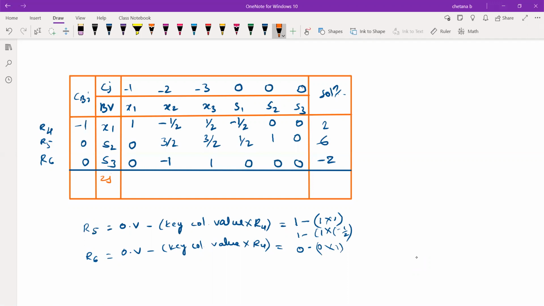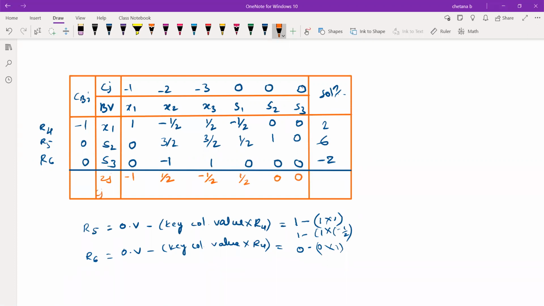So Zj is again 1 into 1, 0 and 0. So this is minus 1. 1 into 1 by 2, 0 and 0. So 1 by 2, minus 1 by 2, 1 by 2, 0, 0.